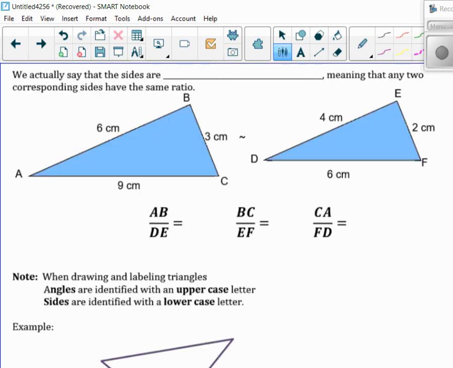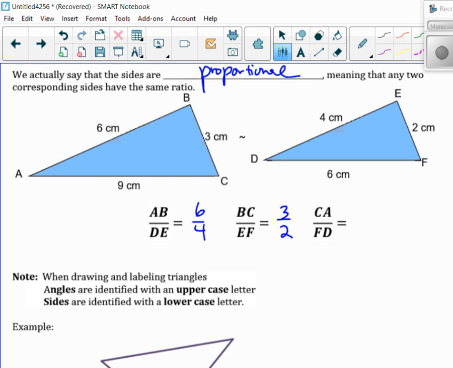Okay, so we actually say that the sides are proportional, meaning that any two corresponding sides have the same ratio. So if these are similar, do you remember stacking these? So for instance, AB over DE, which is 6 over 4, is the same thing as BC over EF, which is 3 over 2, which is the same thing as CA, which is 9, over DF, which is 6.